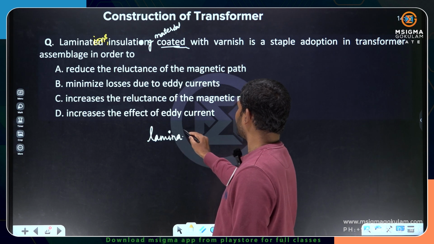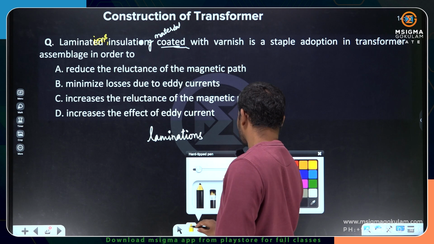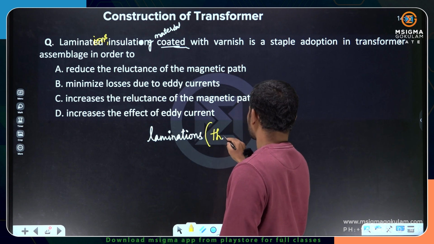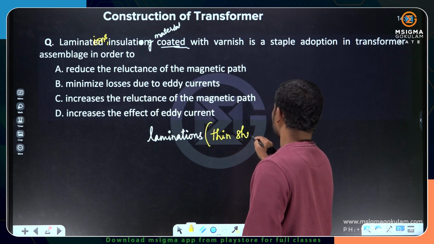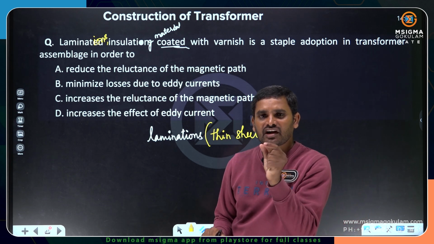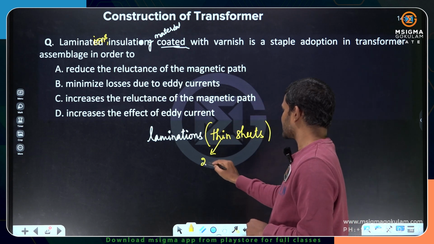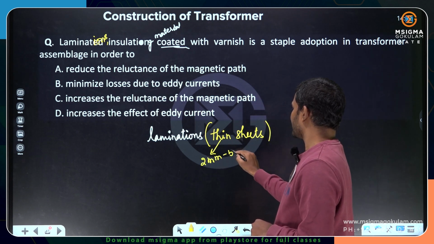Why do we go for laminations? Laminations here means thin sheets, thin area of cross section. The thickness of each lamination is hardly 2 mm to 5 mm.